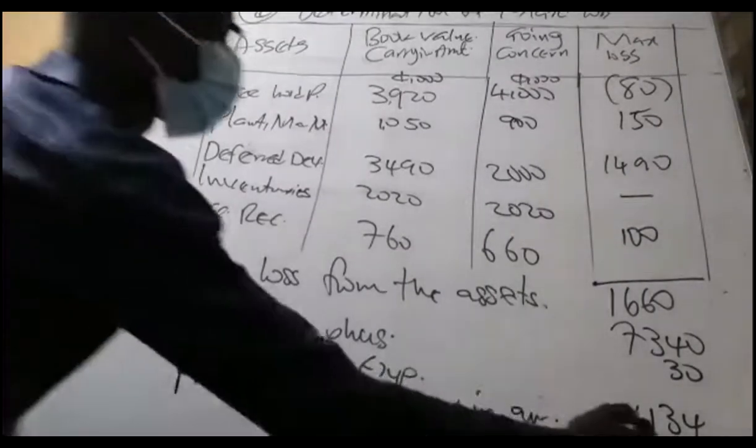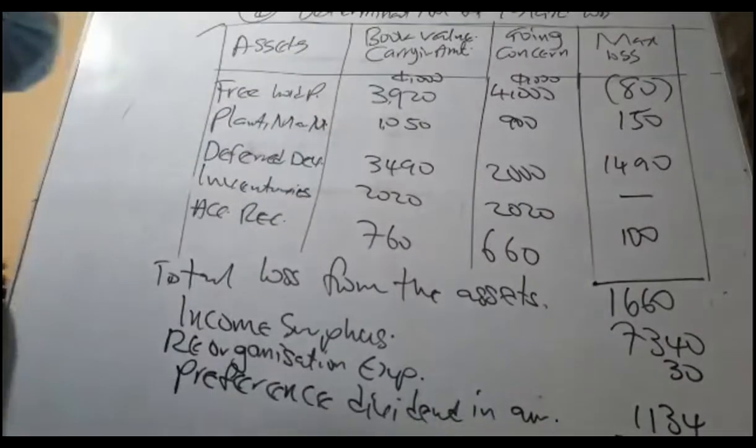So now you put all of them together, you get a total maximum loss.